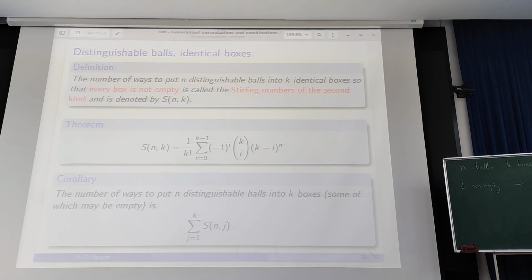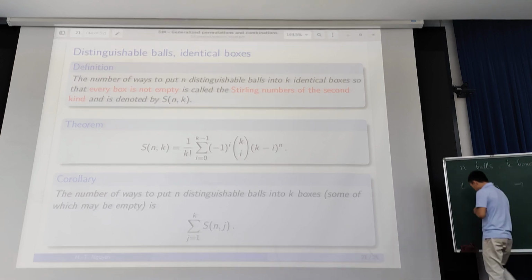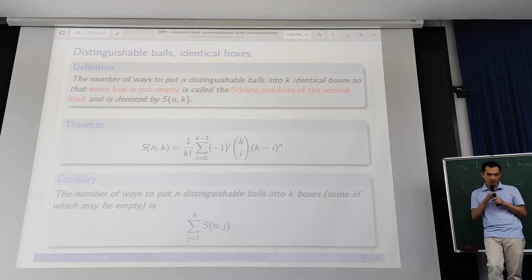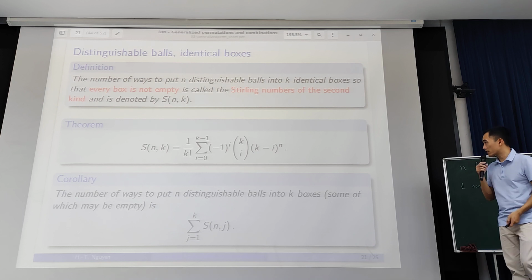Of course, this is 1. That makes sense: if you have only one box and you put everything into that box, there is only one way.